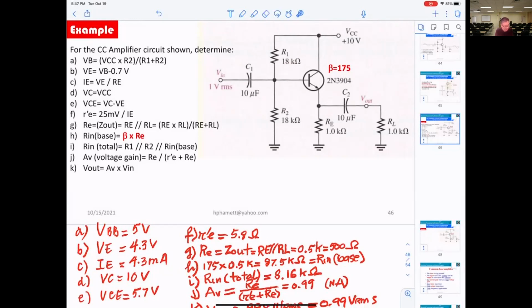We already did common emitter. Now we've done common collector. Looking at our calculation, this amplifier does not gain anything. You apply 1 volt, coming out still close to 1 volt. The gain is almost equal to 1.